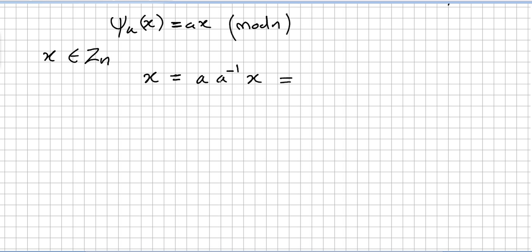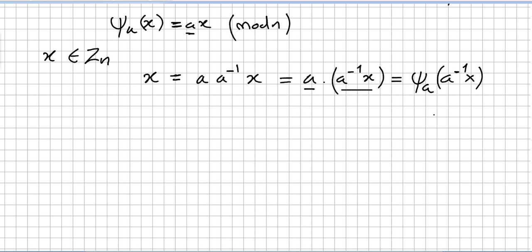Now this will be a, and this will be this element, so I can write this as psi of a.